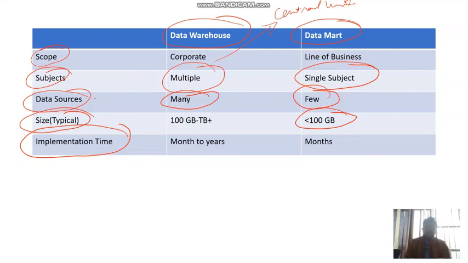Now, what is the implementation time of a data warehouse? It usually takes months to years, because it has a huge amount of data, many data sources, and multiple subjects. What is the implementation time of a data mart? It usually takes a month.